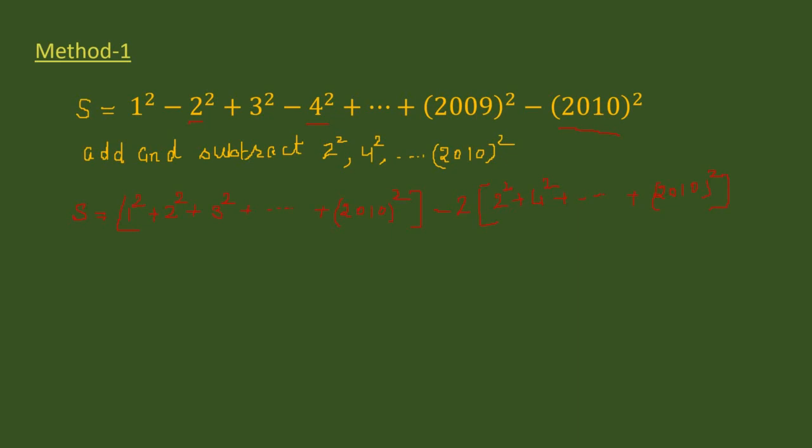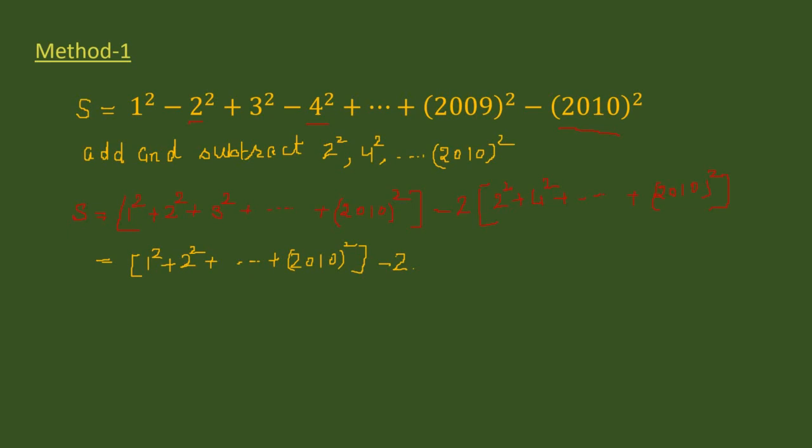Now again rewrite this as 1 square, 2 square, up to 2010 square, minus 2 times.